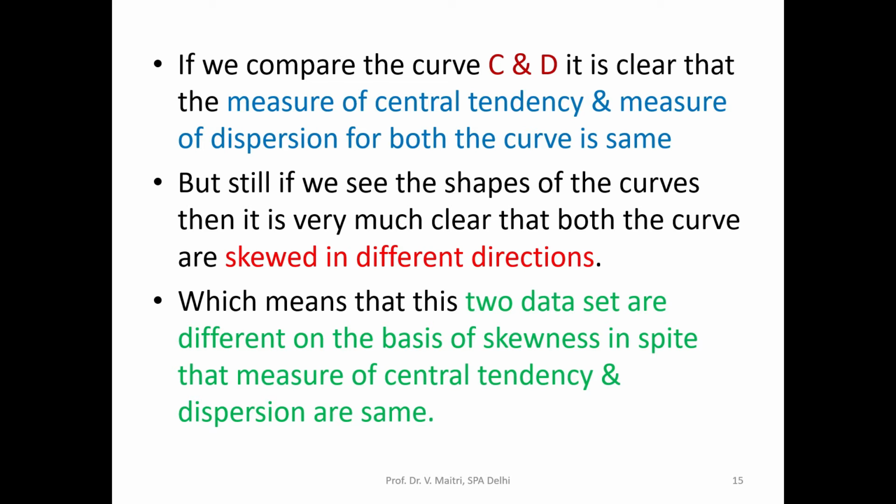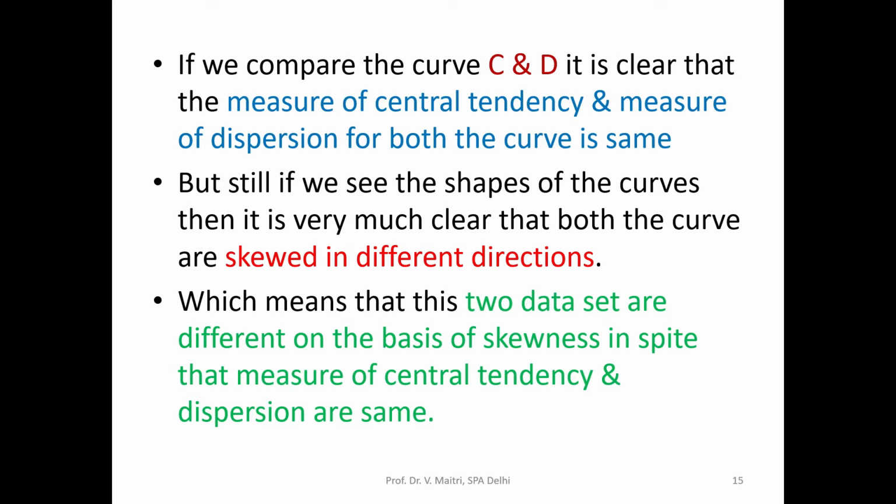So it means they are the same on the basis of mean, both curves C and D, that is, the center location is the same, and number two, the dispersion, the variability in the data, is the same in both curves. But still they are different on the basis of the direction in which the concentration is more, that is skewness.